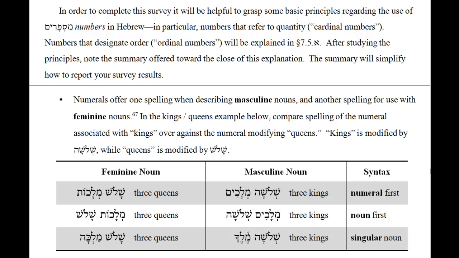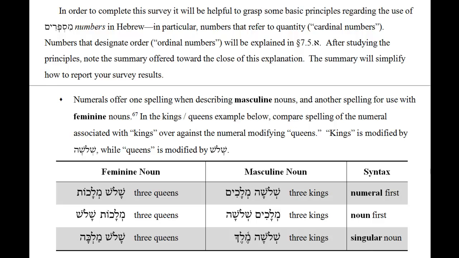The principal fact to appreciate about proper use of cardinal numbers, counting numbers, in Hebrew, is that they need to match the gender of the item which is being counted. In the brief table before you, notice, for example, the 2 different words for the number 3 that you'll find, depending on whether it's 3 kings or 3 queens, which are being listed.